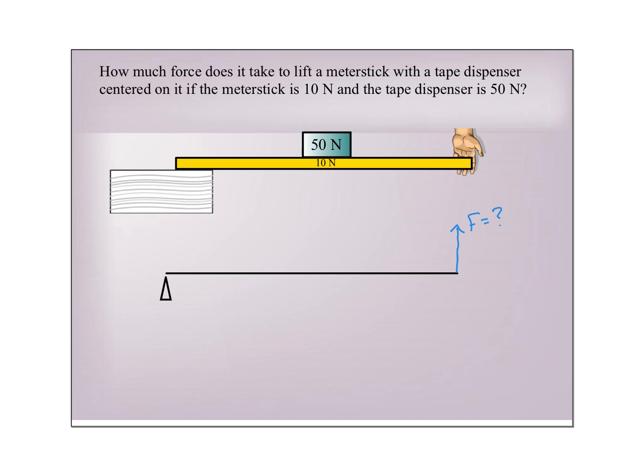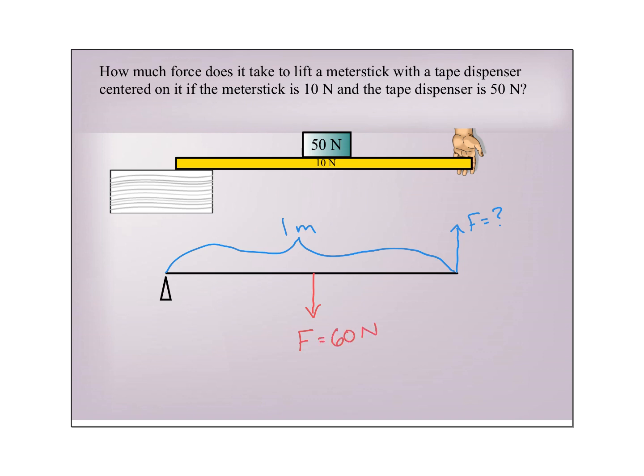Now the distance to get to that, since we're told this is a meter stick, we know it is going to be 1 meter. Now what is it that I'm lifting? I'm lifting a tape dispenser that weighs 50 newtons, but I'm also lifting a meter stick, which weighs 10 newtons. So I'm going to draw a force halfway, and it's going to be 60 newtons.